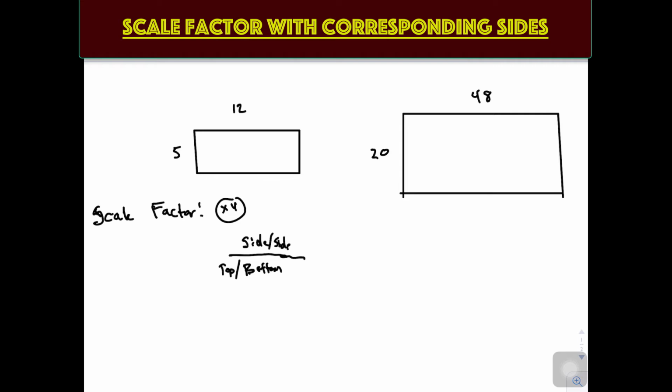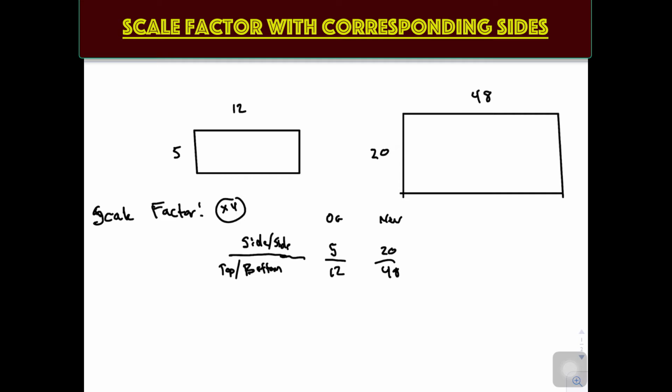Where if we take the original and new, it will be proportionate. So the side of the original is 5, the top is 12. On the new, the side is 20, the bottom is 48.